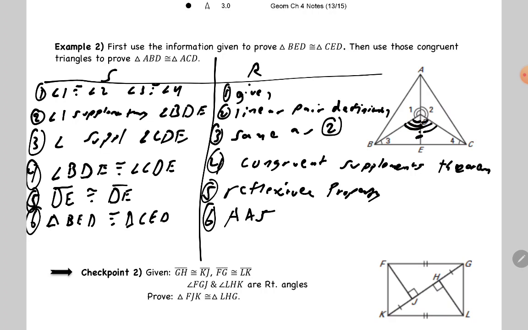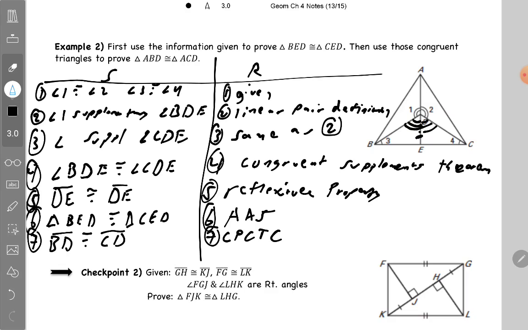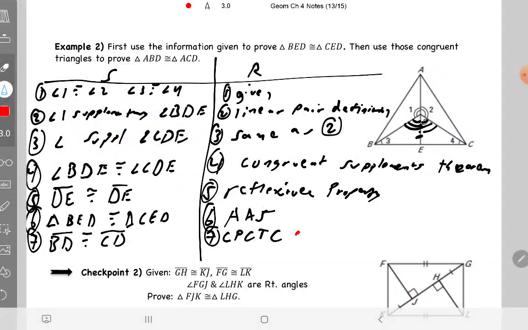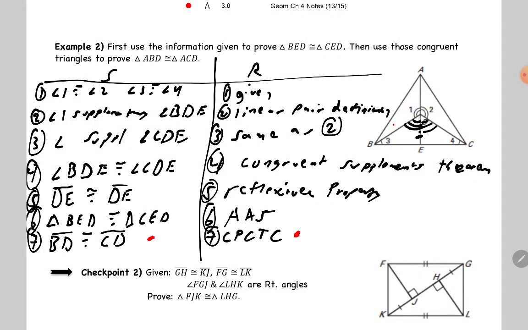Okay, now that we have that, we can now say that BD is congruent to CD, because since those two triangles are congruent, parts of congruent triangles are congruent. Okay, so let me put this in a different color here. So this is red.